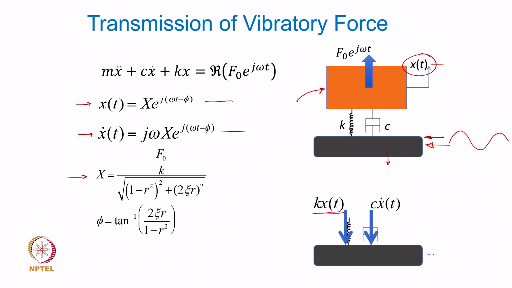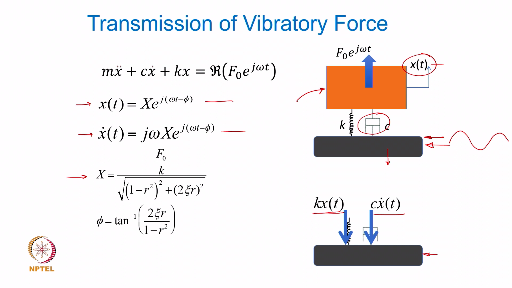But in this case the base is assumed rigid, almost like a fixed one, and therefore the force getting into the foundation is going to be kx for the spring and c x dot for the dashpot, because the dissipating force in the viscous dashpot is proportional to the velocity x dot of t, and the constant of proportionality is the damping coefficient c.